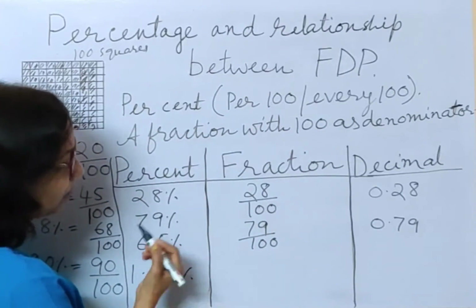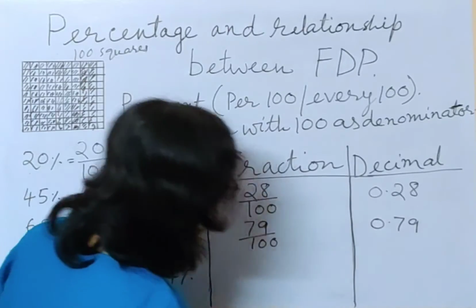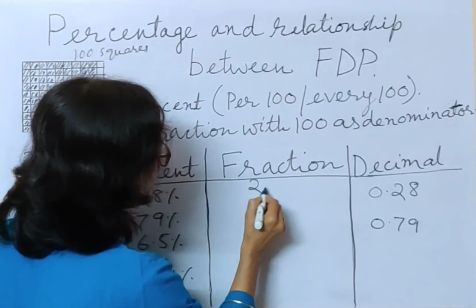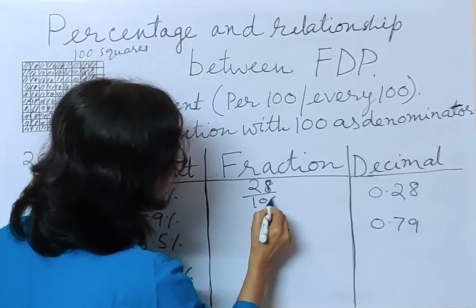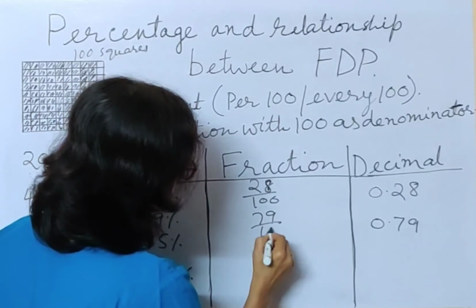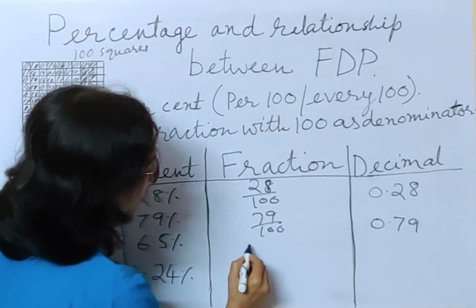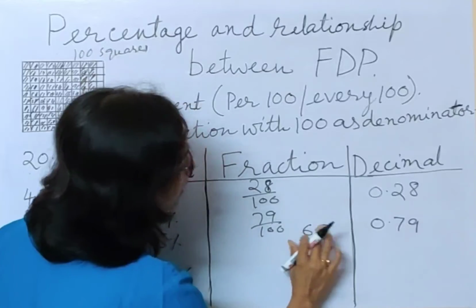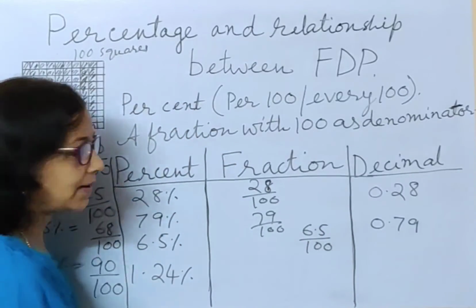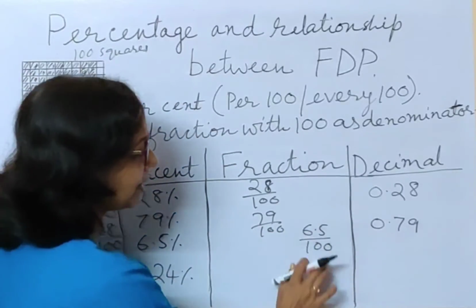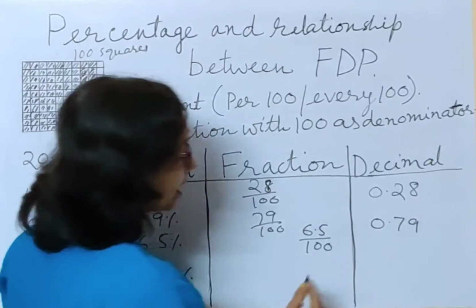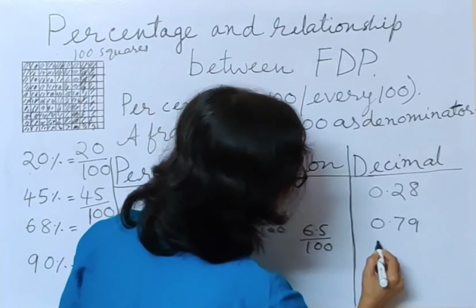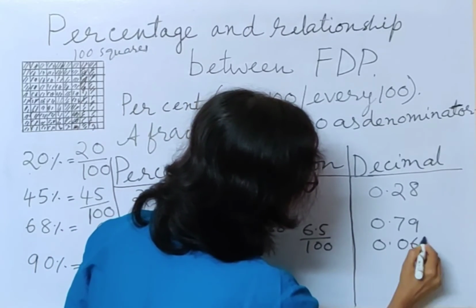Now 6.5%. How do I write 6.5%? Yes, I will write 6.5 by 100. I will not touch the decimal point here. I will write it as it is, 6.5 by 100, and then I will move the decimal point two places to the left. So it will be 0.065.